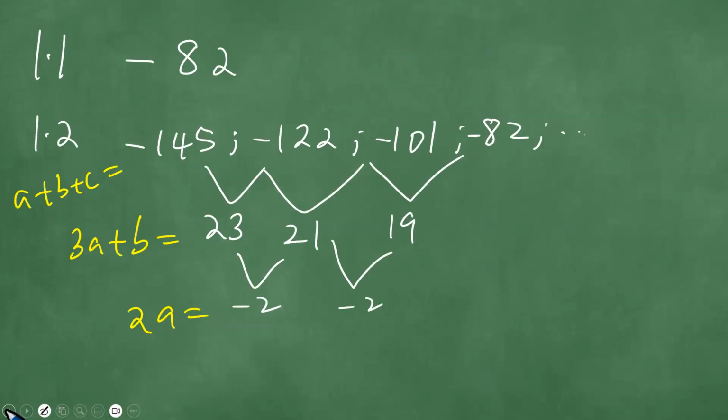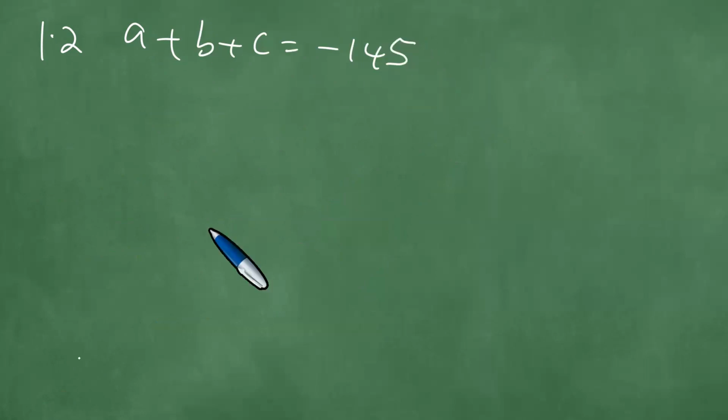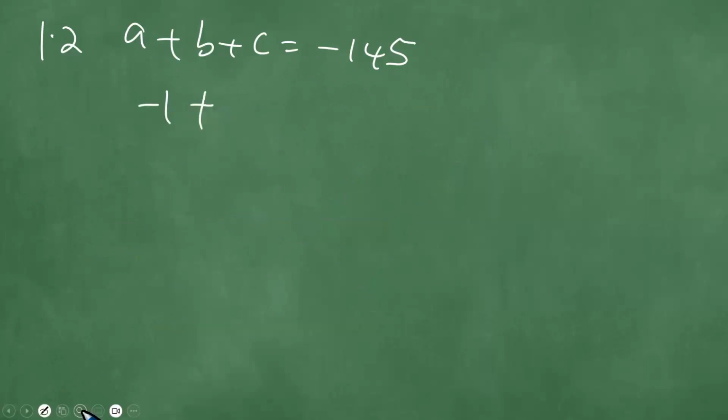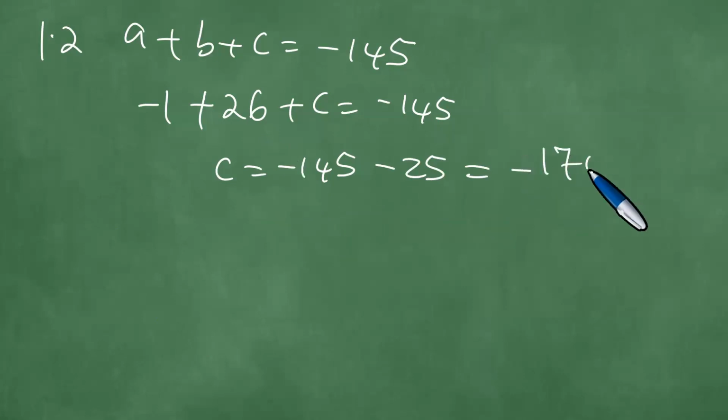Now 1.2 focuses on a plus b plus c equals minus 145. A is minus 1, b is 26, plus c. 26 minus 1 is 25, so minus 145 minus 25 gives minus 170.